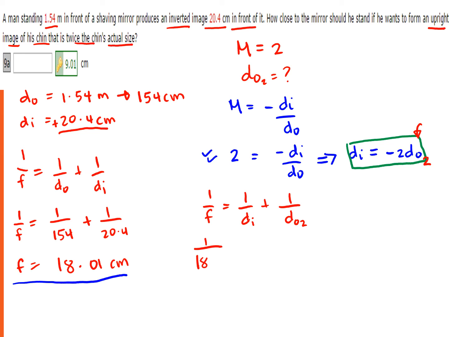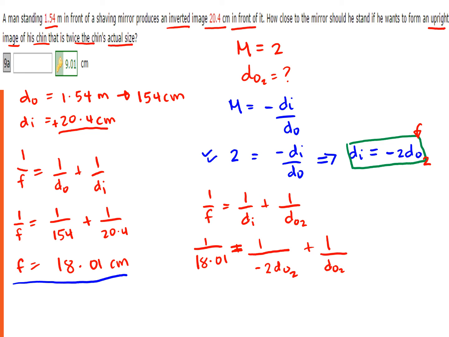So that's 1 over 18.01 equals 1 over our DI, which is negative 2 DO2, plus 1 over DO2. This is DO2.